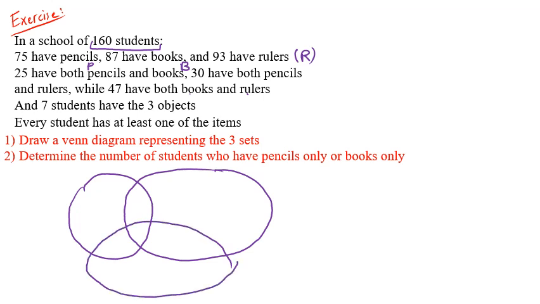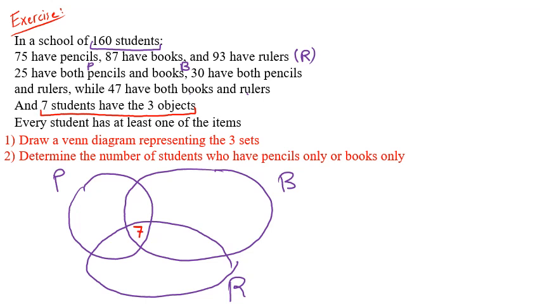Let's name the first one pencils. Here we have books, and here we have rulers. We will start with the intersection of the 3 sets together, which is 7 students who have the 3 objects. So here we have 7.